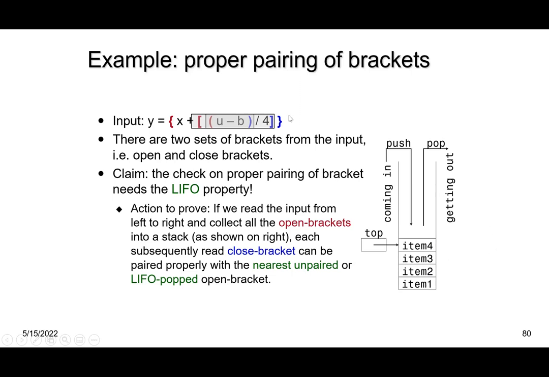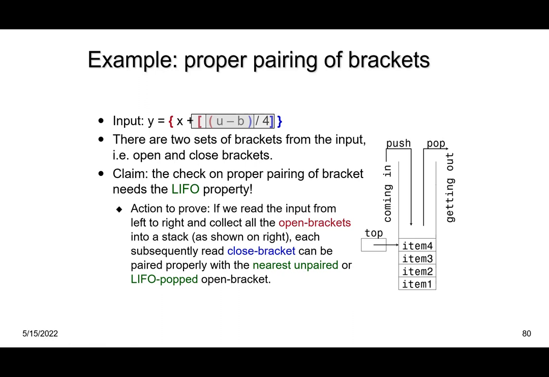It means this is the case where you have extra closing. When you encounter a closing brace, but when you try to pop something out from your stack so that you can compare, there's nothing for you to pop out. Then you return false to indicate that your pairing of brackets is not proper.